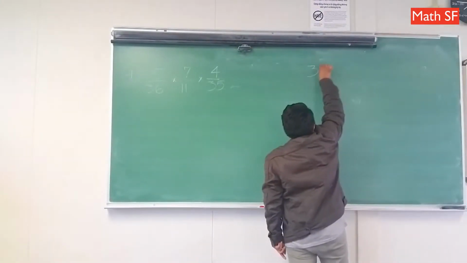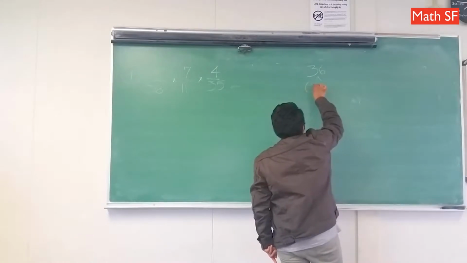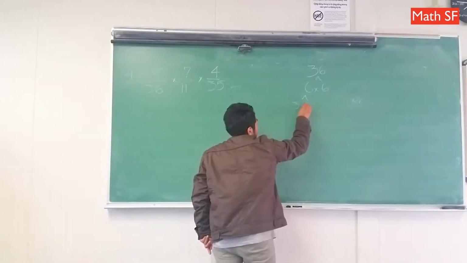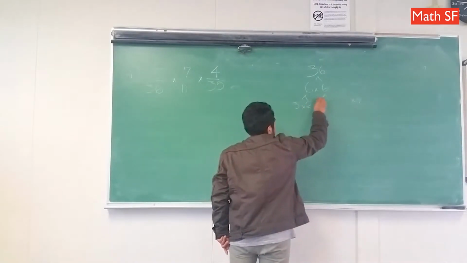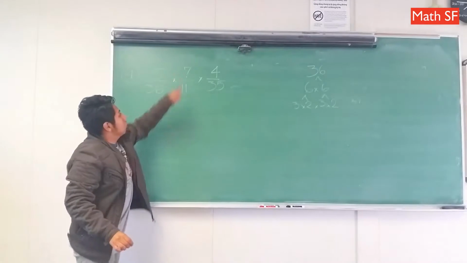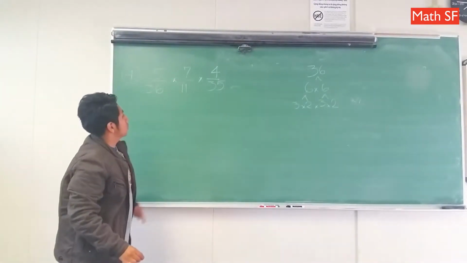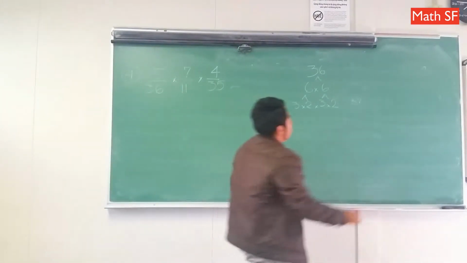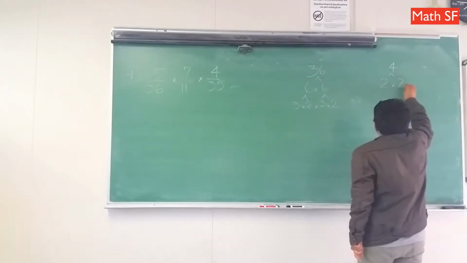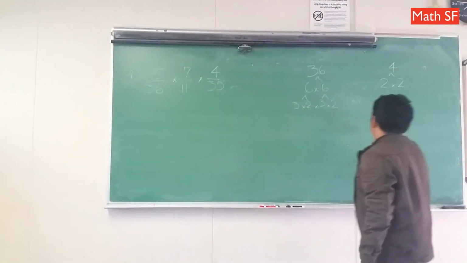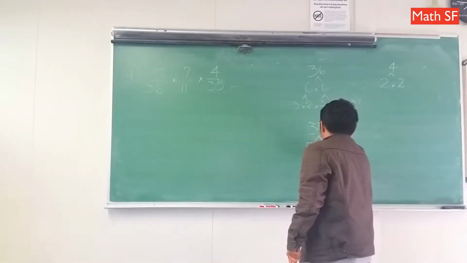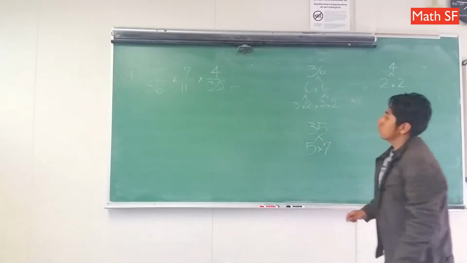So the 36, I can write it as 6 times 6, and each 6 is going to be 3 times 2. Now this 7 is a prime number, 11 is a prime number, number 4 can be written as 2 times 2, and 35 can be written as 5 times 7.